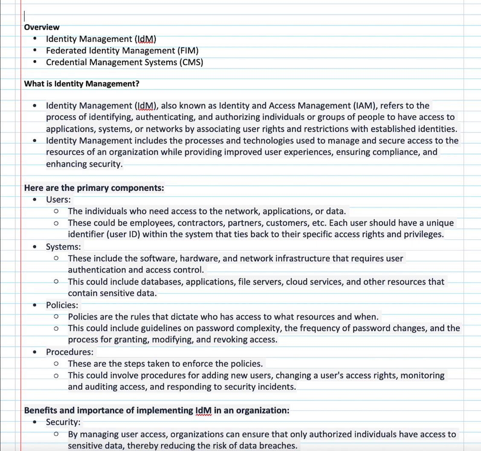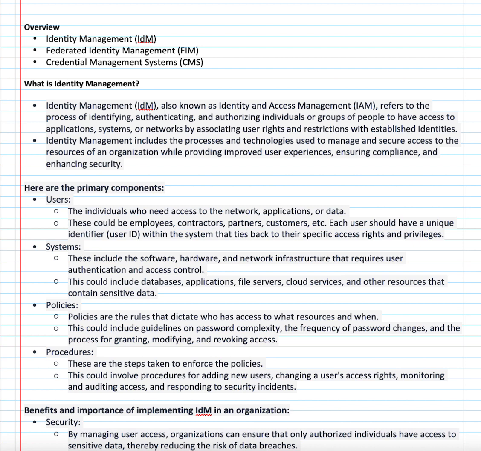It's a process of identifying, authenticating, and authorizing individuals or potentially even groups of people to have access to applications, systems, or even networks. So it's the keys that allow people into an environment. These can be associated with user rights, or they can be established identities that were created through another method or means.